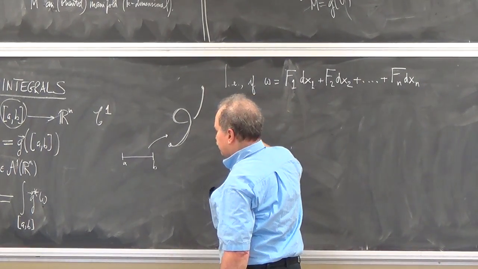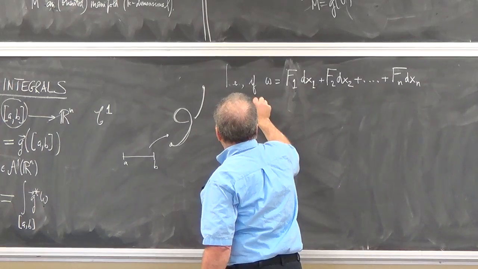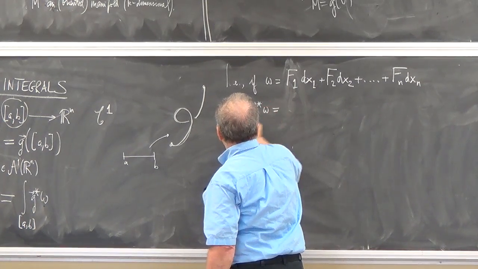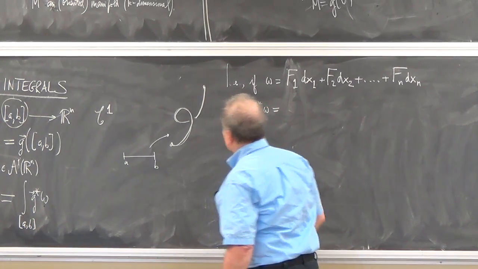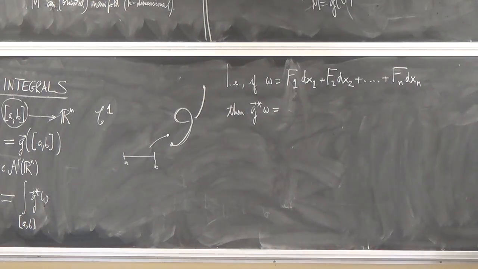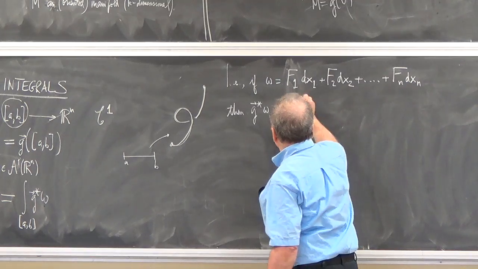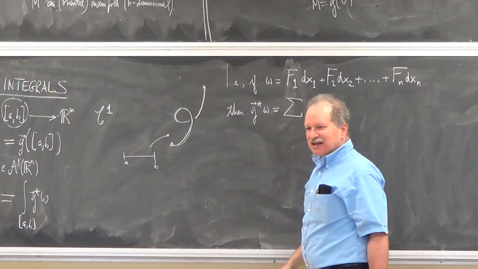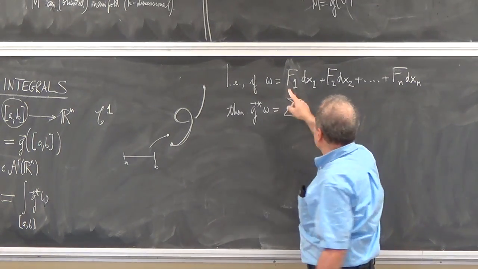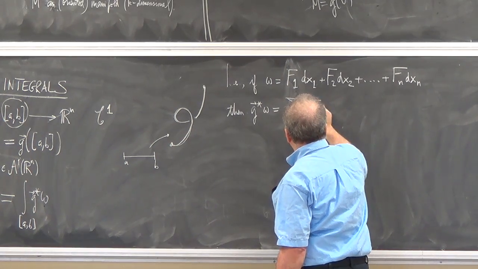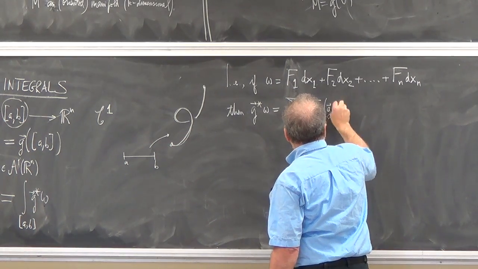Then what do I get when I pull back? So F1 composed of G and G1. So yes, I'm going to get lazy at this point and put a summation symbol. You're going to get the ith F at G of t.